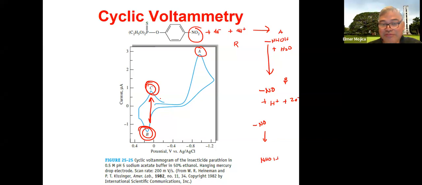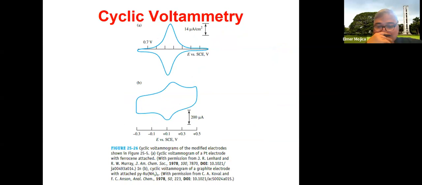But this can only happen if you first produce your parathion into a hydroxylamine. So ito yung parang mirror image ng dalawa compared to this one. So this is produced when this is reduced. And then I have another one here. So this is what? Tyrosine.